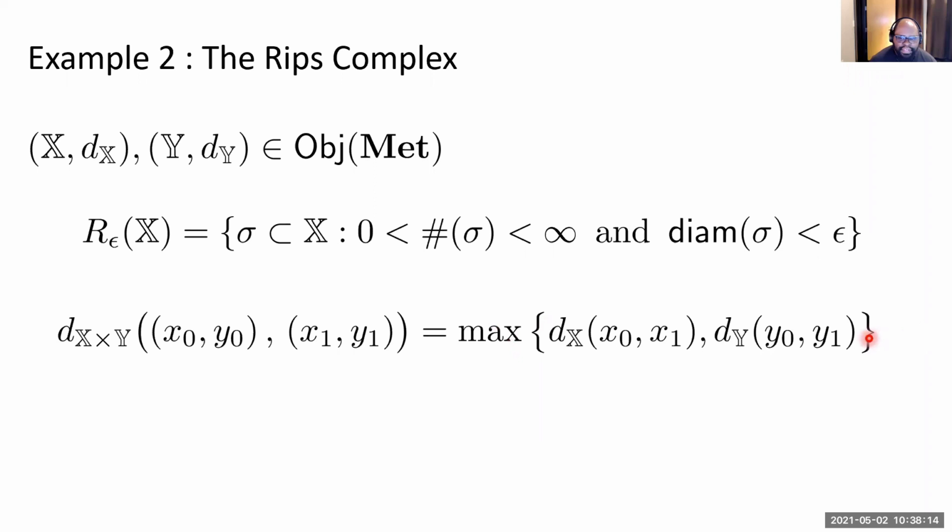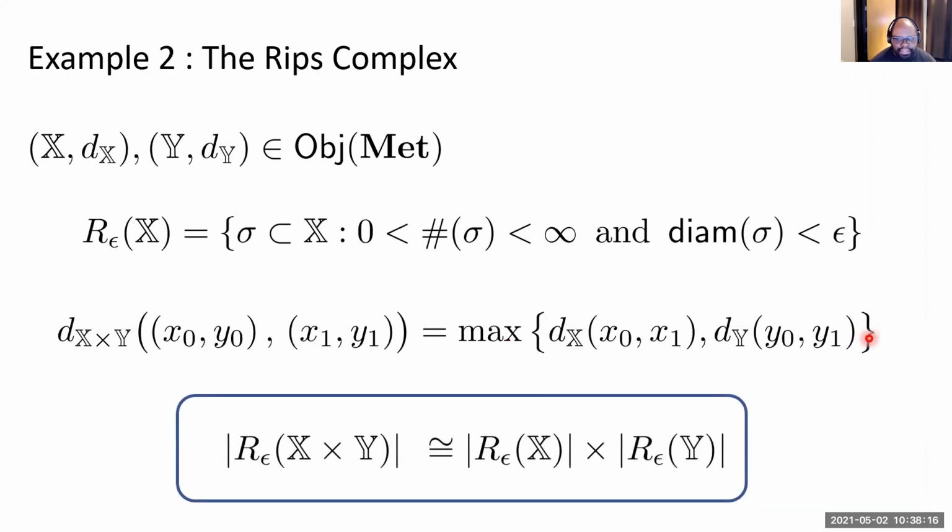And then here is a very nice result. It turns out that the geometric realization of the Rips complex of X times Y at scale epsilon is naturally homeomorphic to the product of the geometric realizations. So this is a persistent statement, right? The filtration you get from the product is the product of these two filtrations, but you take products in the same degrees, as opposed to complementary degrees as we did before.